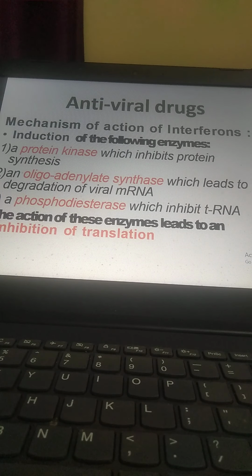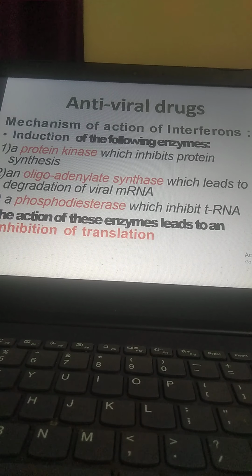So now we have the mechanism of action of the interferons. It induces the following enzymes: a protein kinase which inhibits protein synthesis, oligoadenylate synthase which leads to the degradation of the viral mRNA, and a phosphodiesterase which inhibits the transfer RNA.